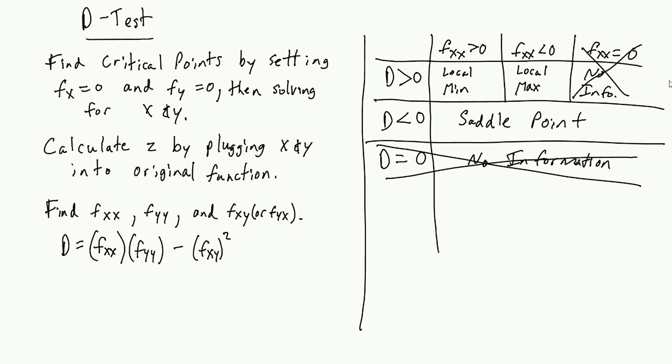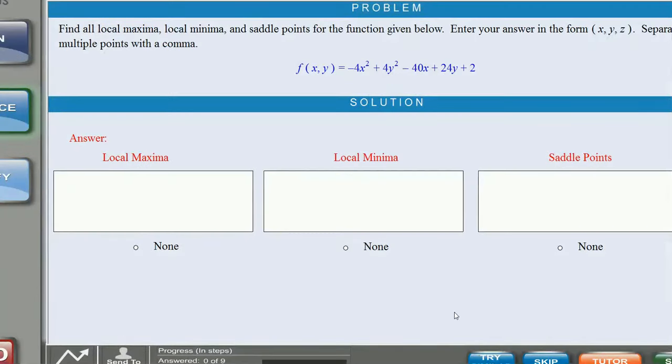Okay, let's take a problem from Hawks. They give us this function, negative 4x squared plus 4y squared minus 40x plus 24y plus 2. We want to go through and apply that test we talked about on the other screen.